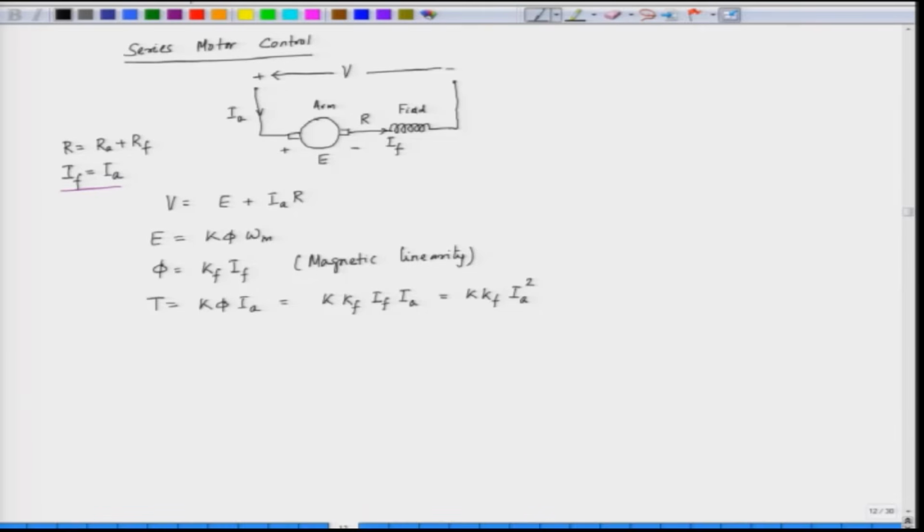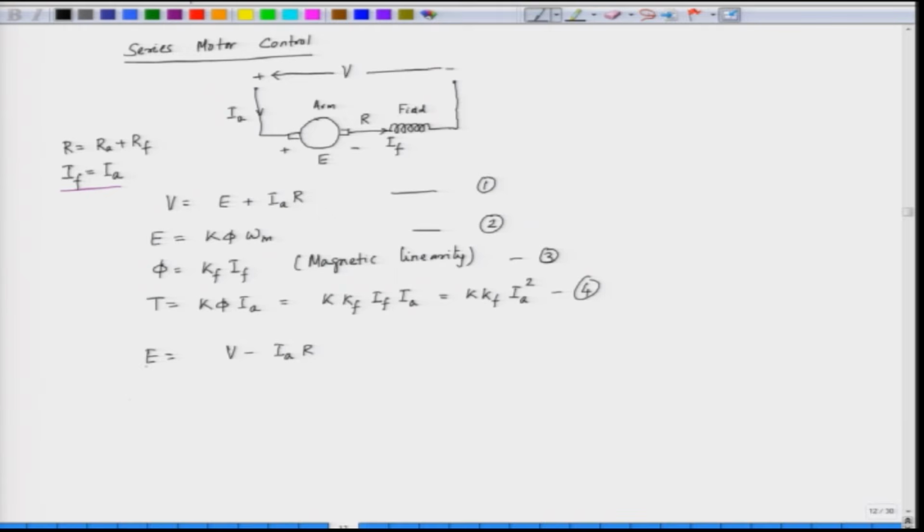Now, let us find out the speed as a function of torque. From these equations, let us say this is equation number 1, this is equation number 2, this we will say equation 3, and equation 4 here. Now, from equation 1 we can say that E is equal to V minus IA into R. What is E here?